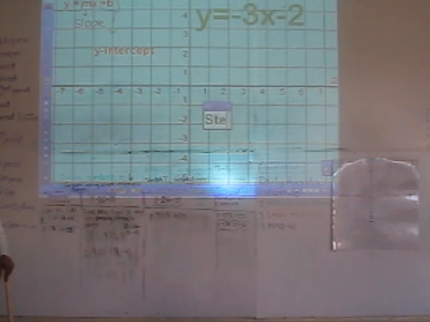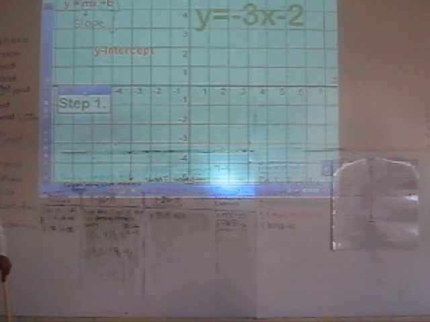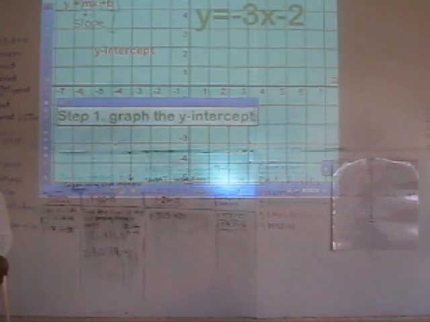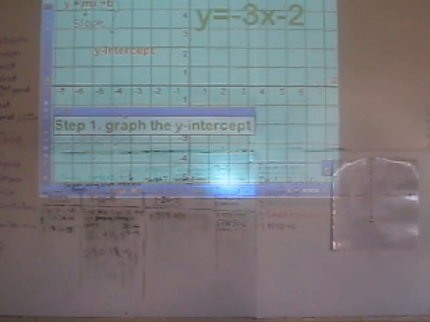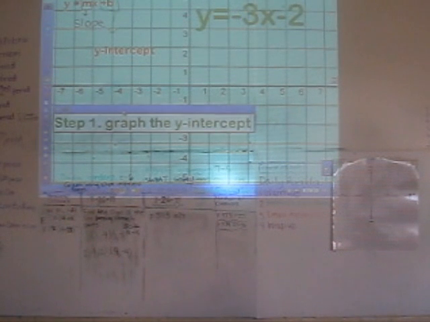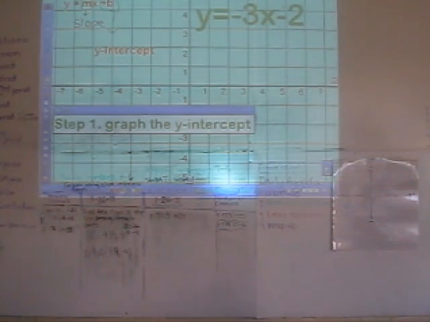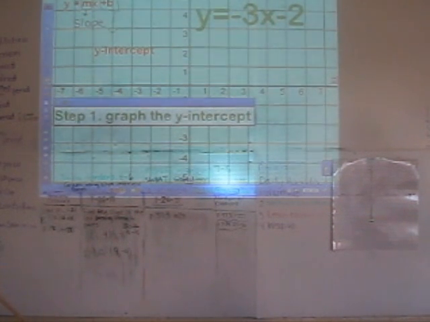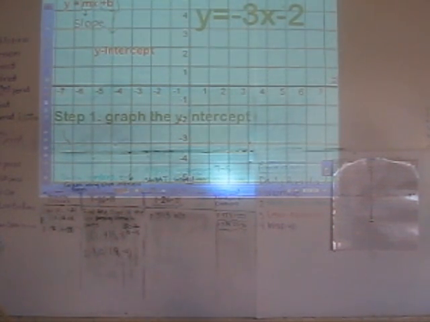Okay, step number 1. Graph the y-intercept. So we're going to write b equals, or you can write it under the steps.